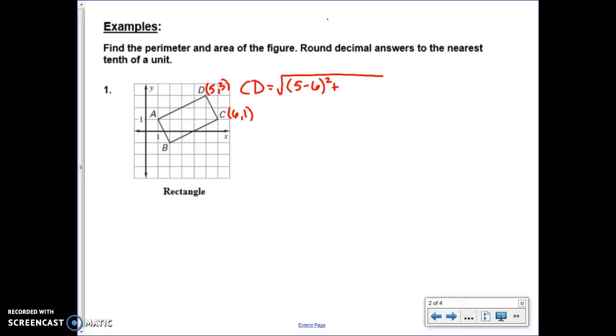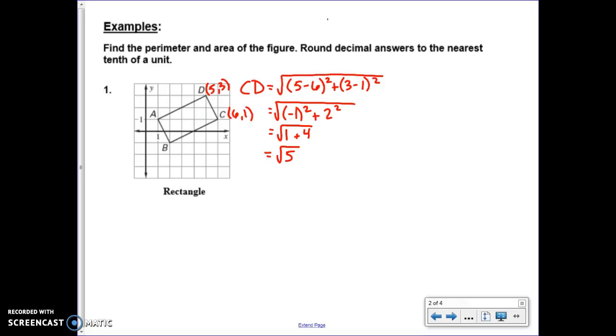And then I'm going to subtract my y values and square them. So I get -1 squared, and then I have 2 squared. So -1 squared is +1, 2 squared is 4. So I get the square root of 5.